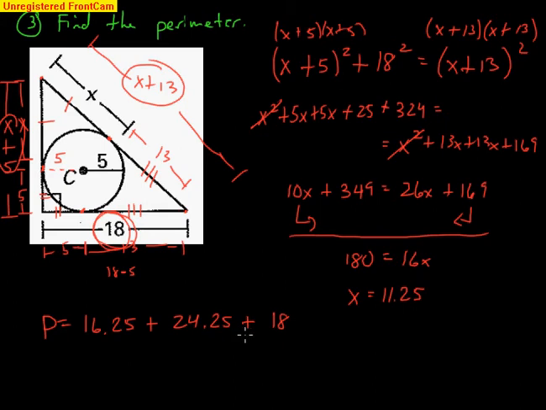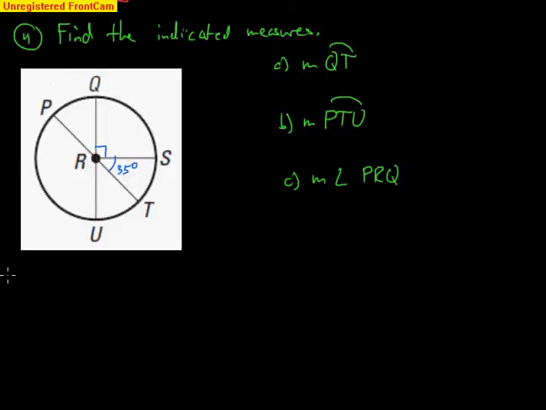And we just add those together, 16.25 plus 24.25 plus 18 gives you 58.5, and that's the perimeter of this triangle. So remember, if two tangents to the same circle come from the same exterior point, then they are congruent. Alright, very good. That's a tough problem.